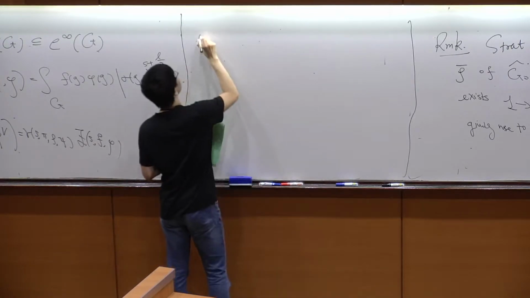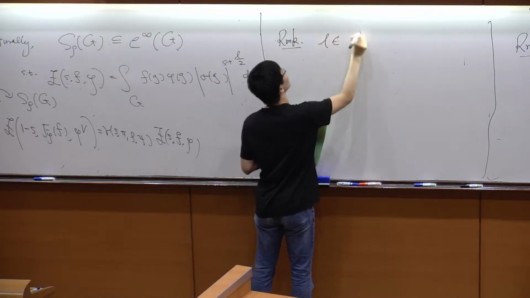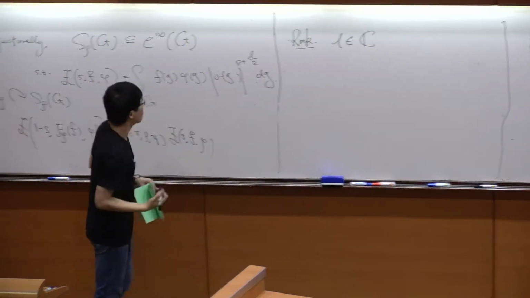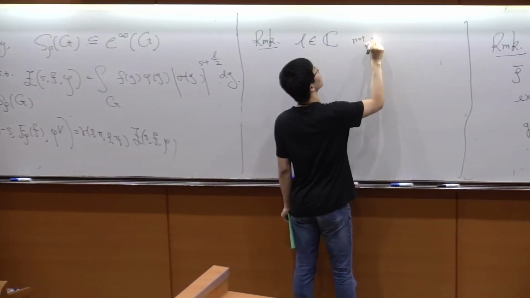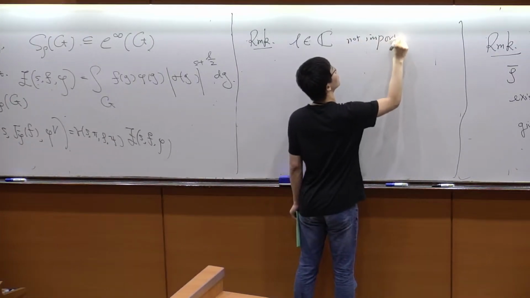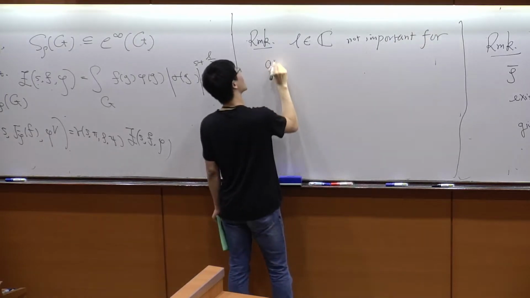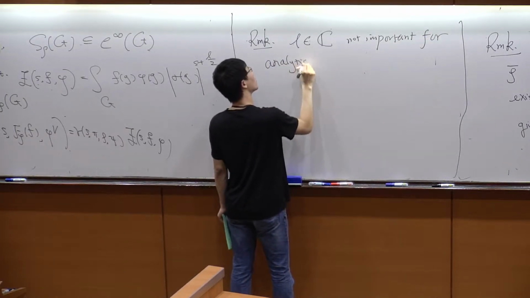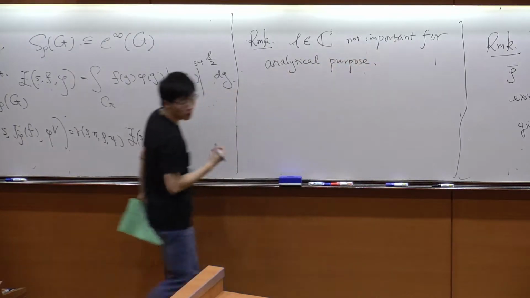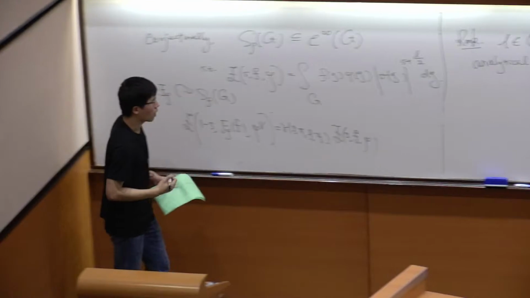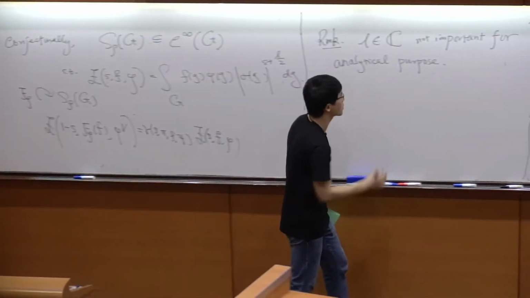Small remark. The complex parameter L, for analytical purposes, is not very important, since a different normalization just gives you an unramified shift of your Schwartz space and the Fourier transform.